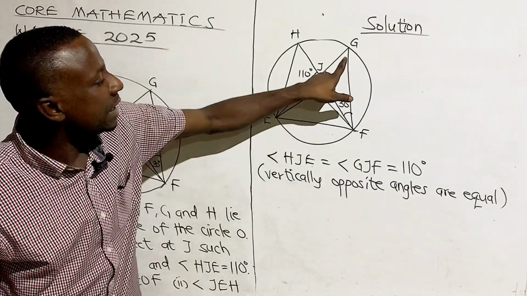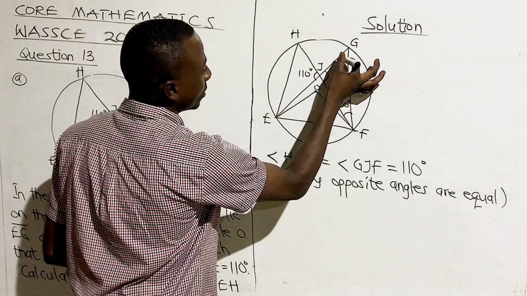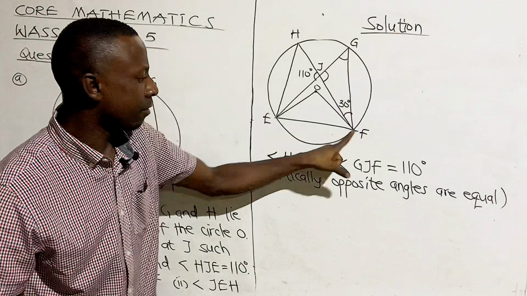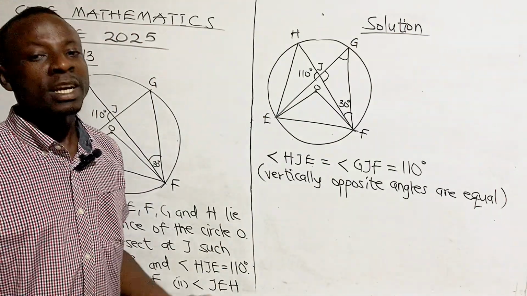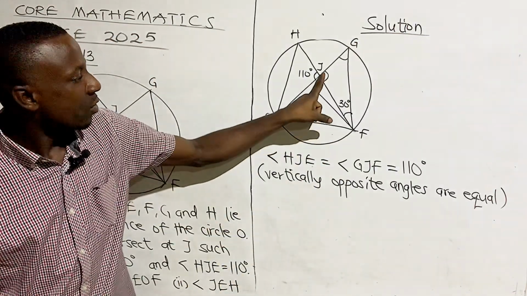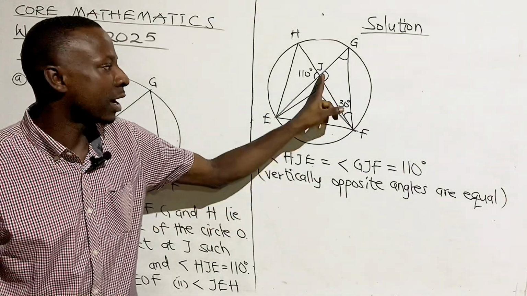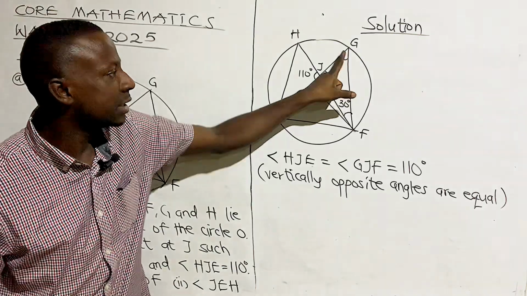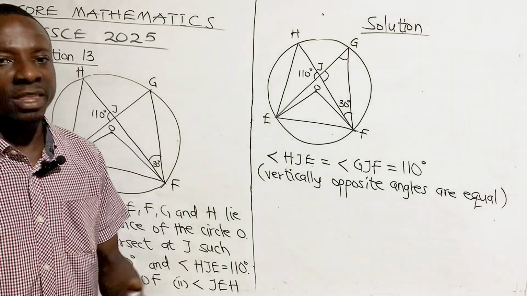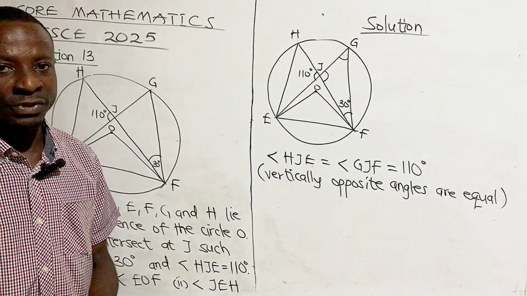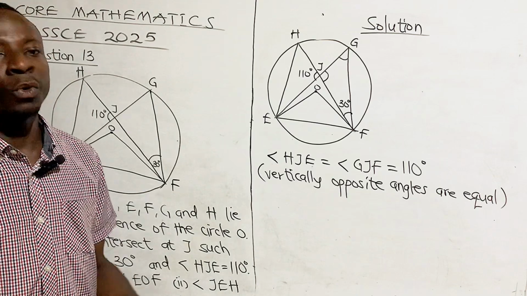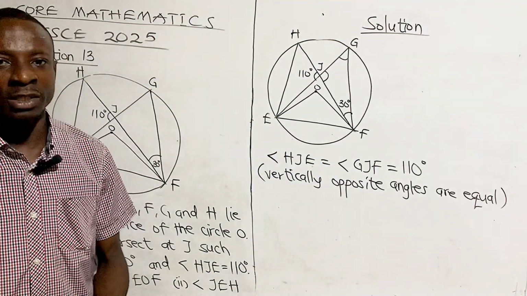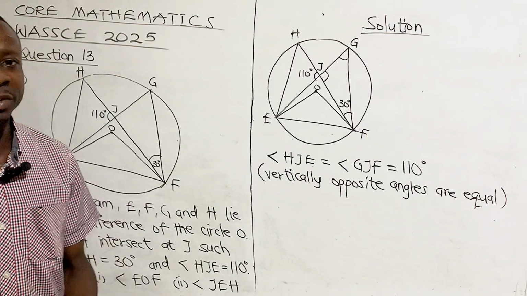Now we can easily get the angle here, the angle which is EJF. The reason is that we have 110 to be a new angle plus the 30 degrees given to us here plus the new angle, and everything put together will be 180 degrees. We know that the sum of angles in a triangle is 180 degrees.